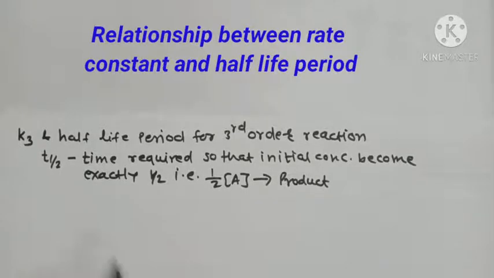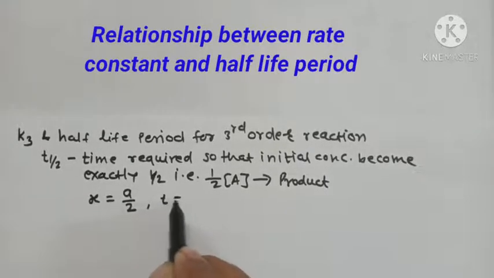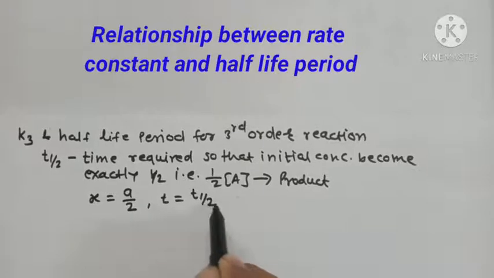Under this condition, number of moles consumed, x, is equal to a by 2 and t is equal to t half.